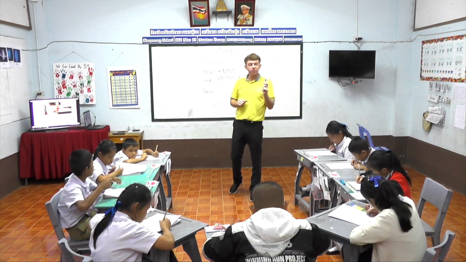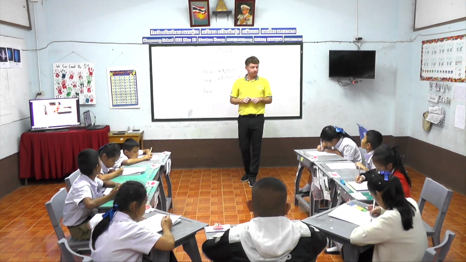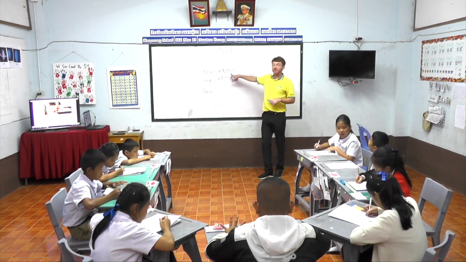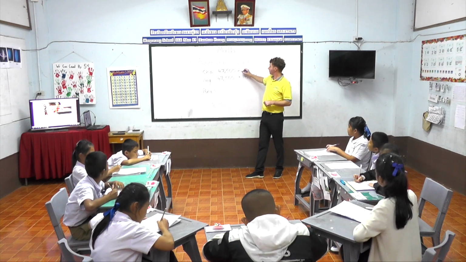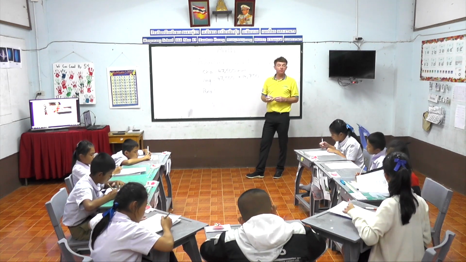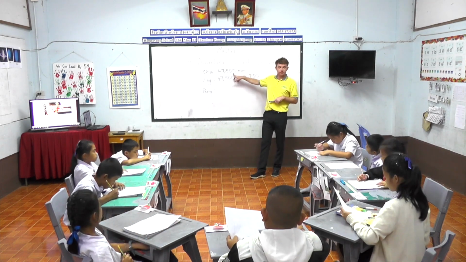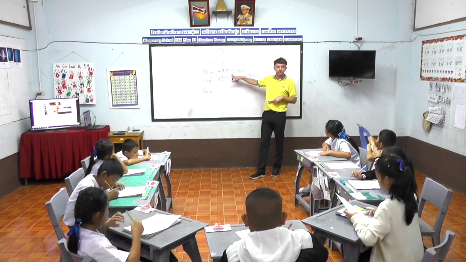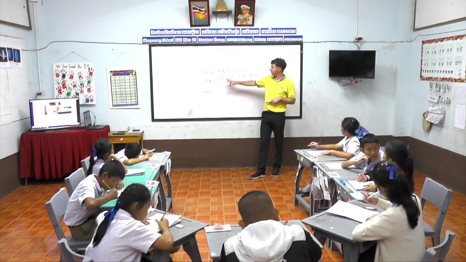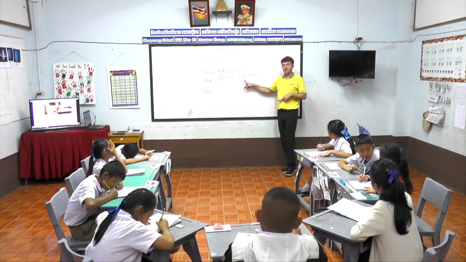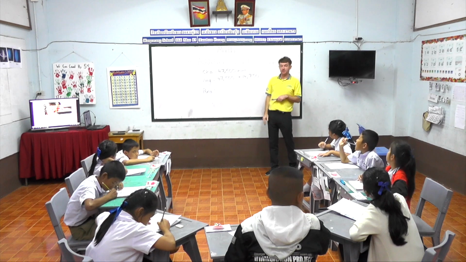So for question number 3, make sure you understand the question properly. So Chai has how much money? Chai has 47,500. And then Ying has 14,750 more than Chai.